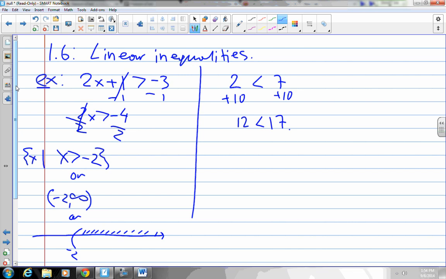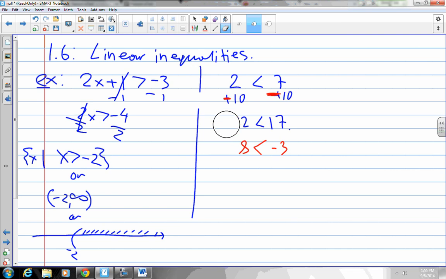What if, instead of adding 10, I subtract 10 from both sides? We end up with -8 and -3. The inequality stays the same: -8 is still less than -3. So adding and subtracting does not affect your inequality.